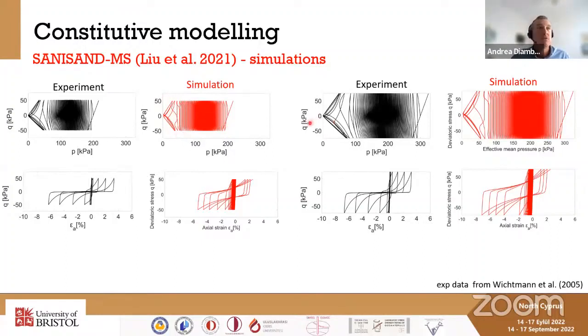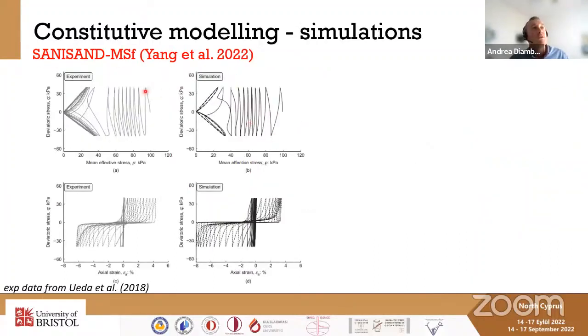These are some simulations from the SANISAND-MS application, but I also show you some simulations from the SANISAND-MSF application. And in this paper by Fales and co-workers, it is written very clearly what is the advantage of using this memory surface model.